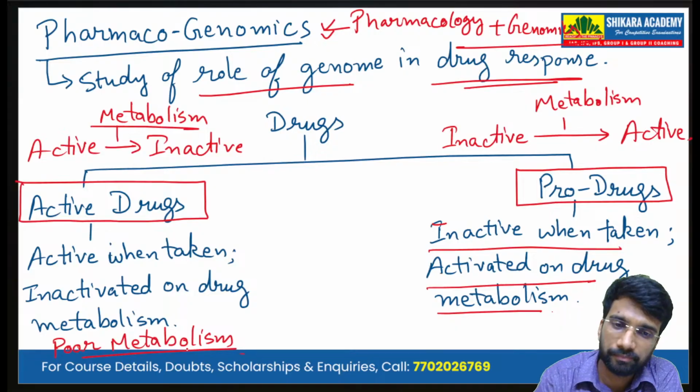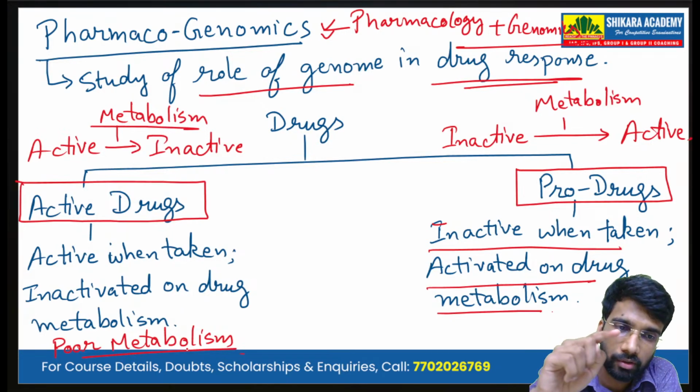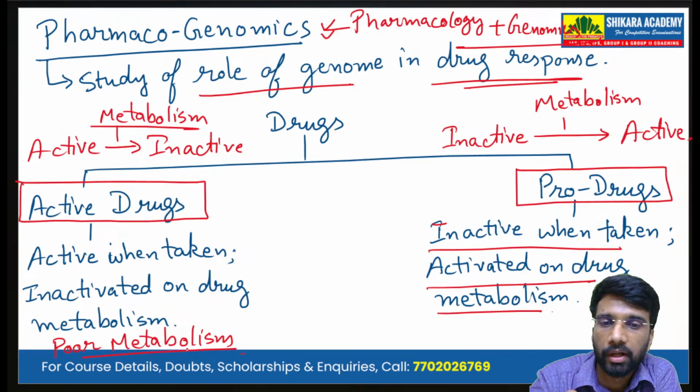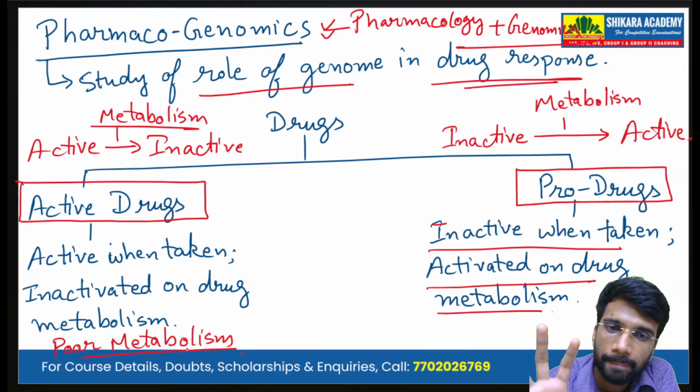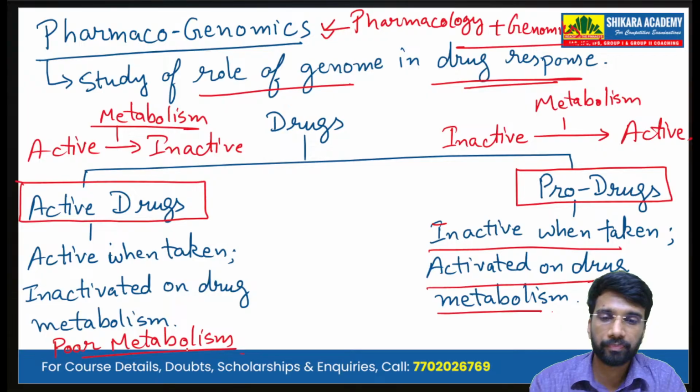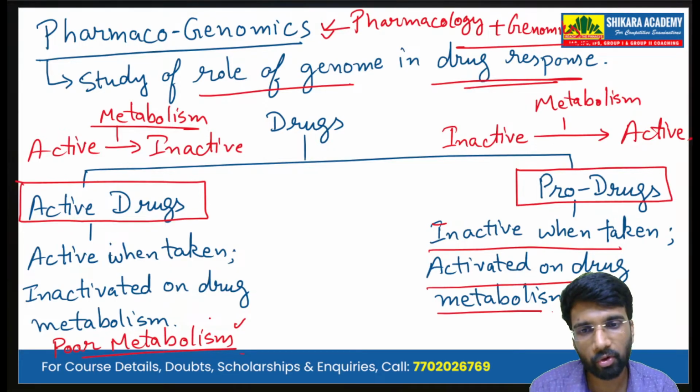Because the metabolism is poor, had we given him or her the prodrug, the poor metabolism would not have been able to convert the inactive prodrug into the active drug.